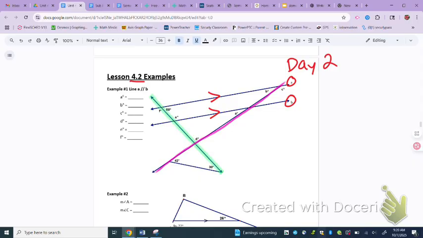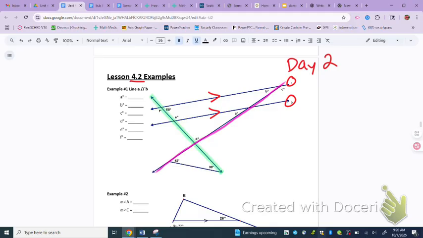Sometimes when you look at a big diagram like this, the spider webs, the angle madness, it's helpful to not necessarily start right with A, or just start with something that you can see right away.